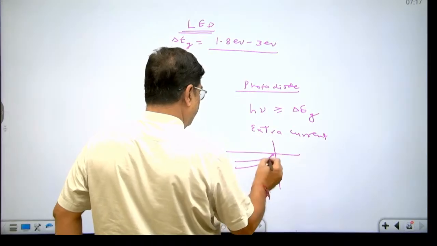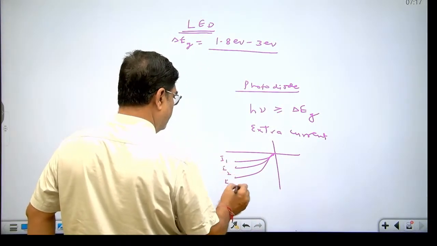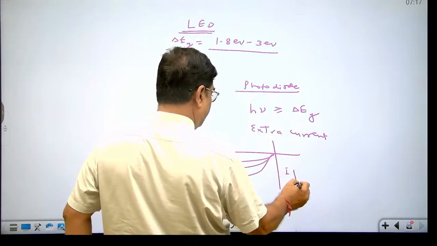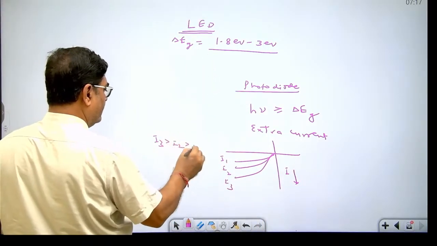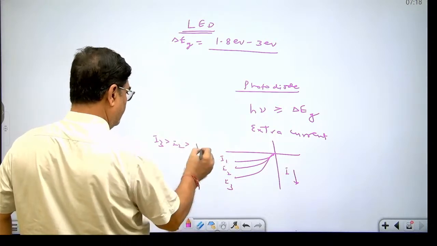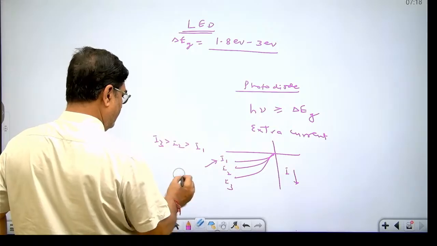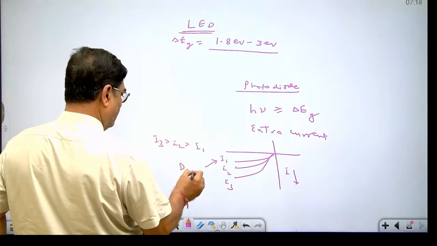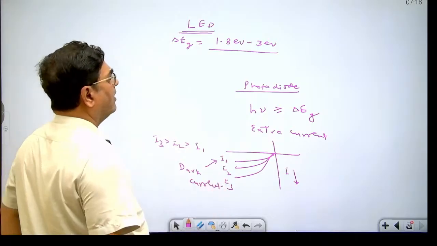And with the increase in intensity, current increases. I3 greater than I2 greater than I1. This is dark current.